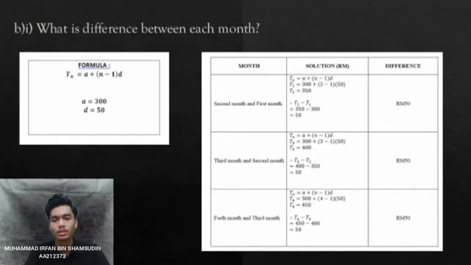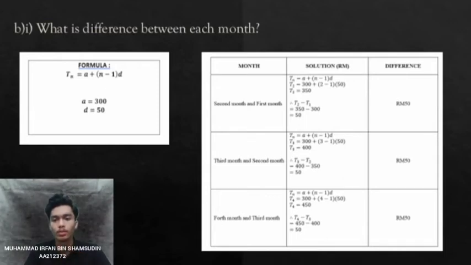The first month is 300, so we need to get the second month value by using this formula. We just put the information into the formula.